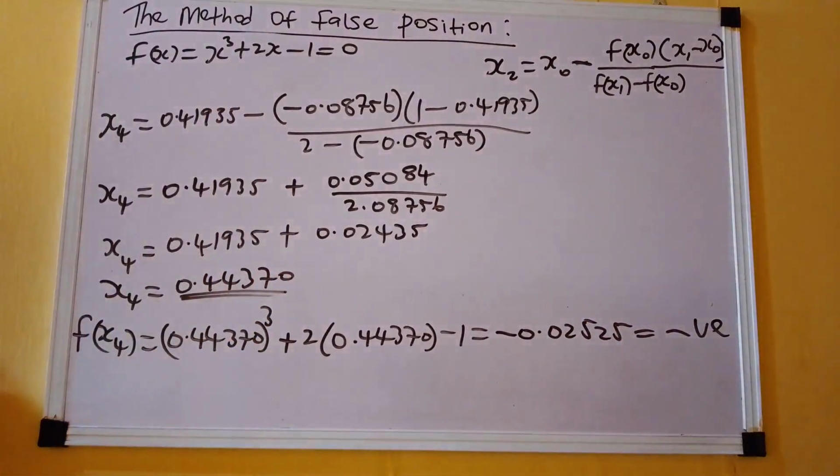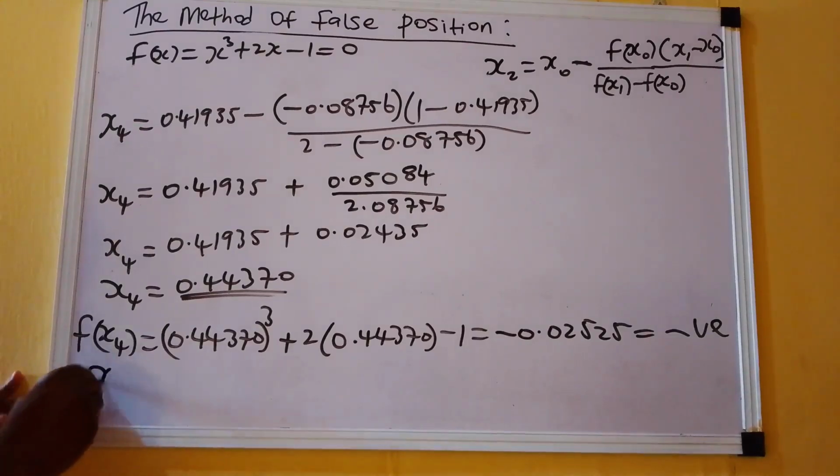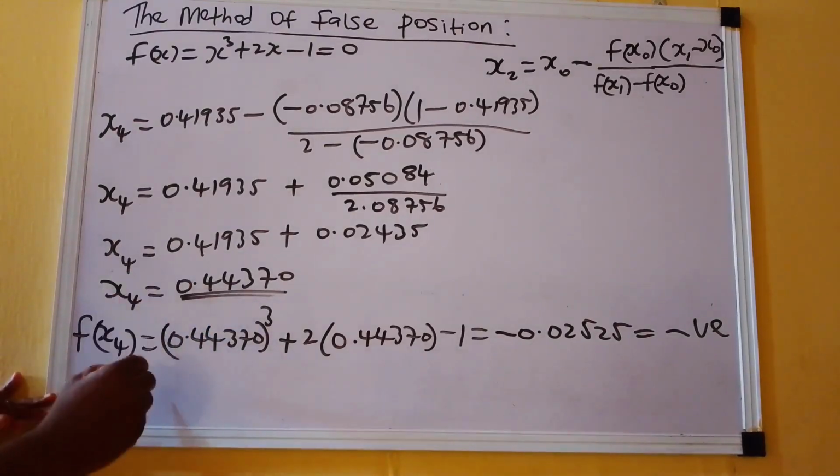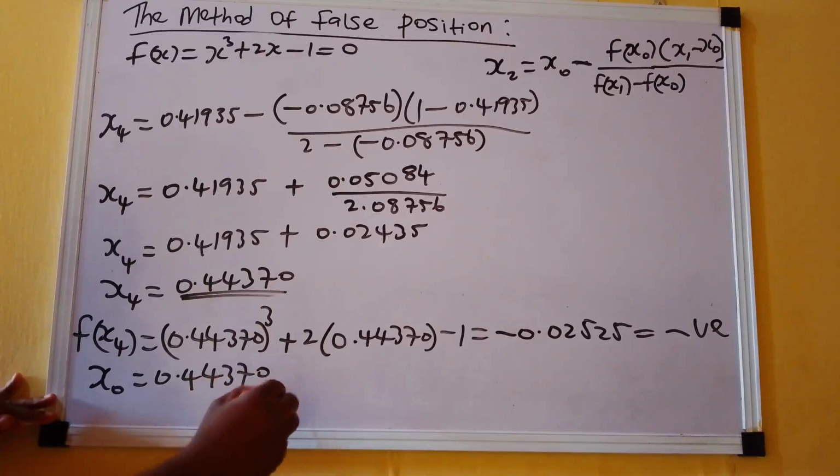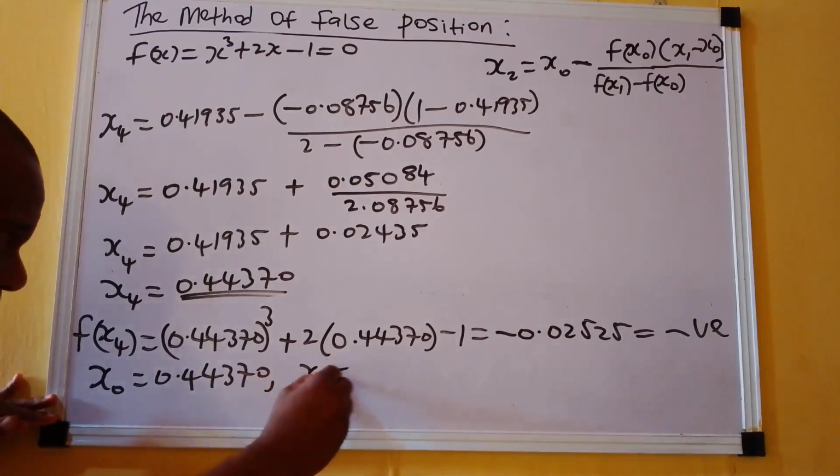Now anytime we have a negative sign, x0 is replaced, x1 is retained. So now our new x0 will be equal to this value 0.44370. Our x1 is retained.